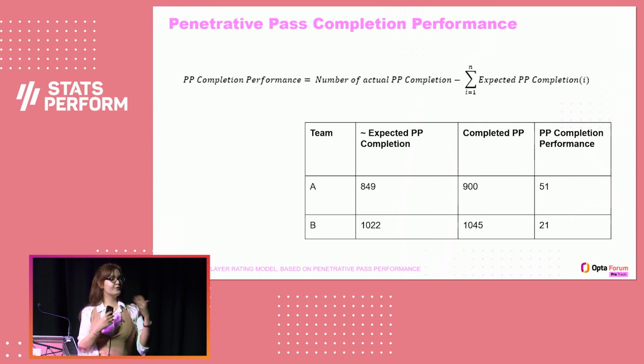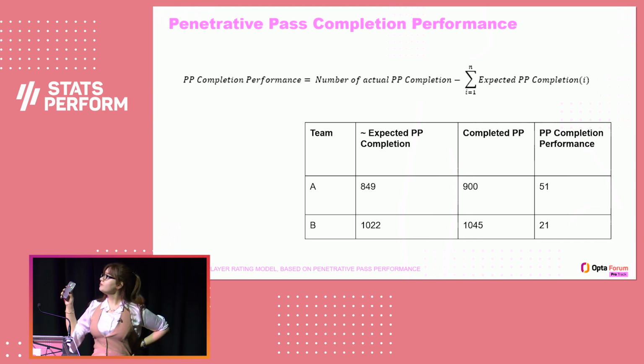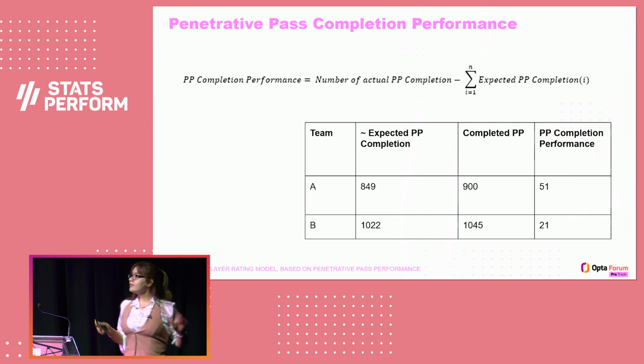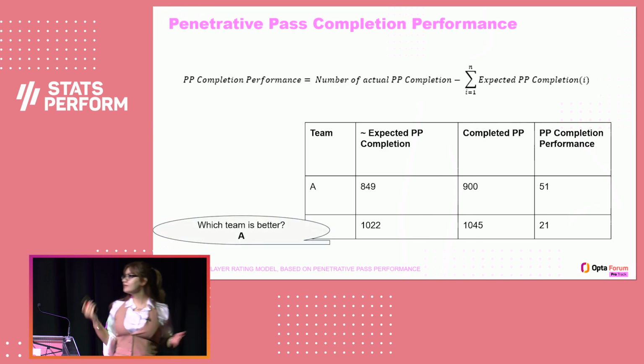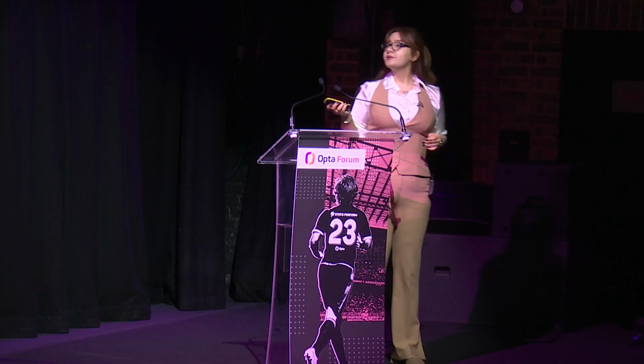So they had 51 more completions than our expectation, and it shows the overperformance of this team. For team B, this difference is only 21. Therefore, team A is doing better in terms of completion than team B. But so far, this has nothing to do with the expected goal.